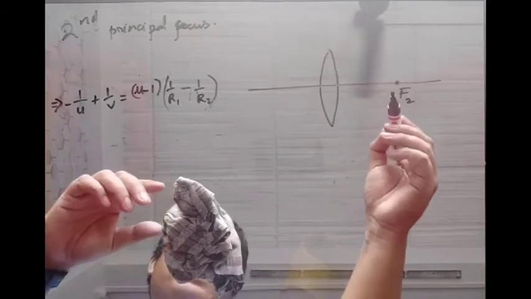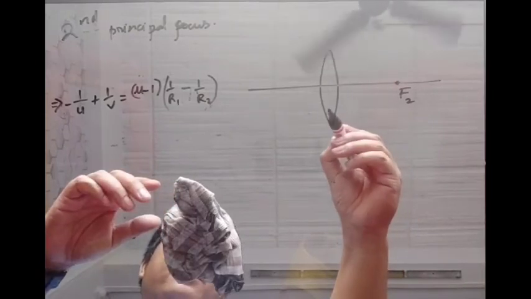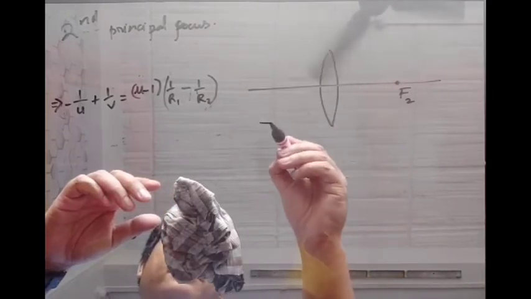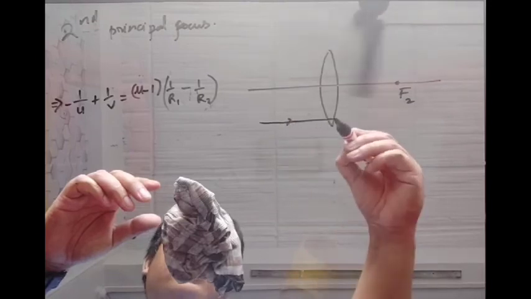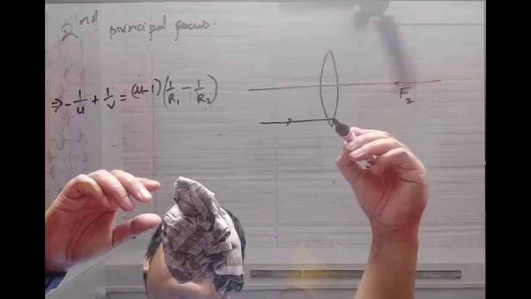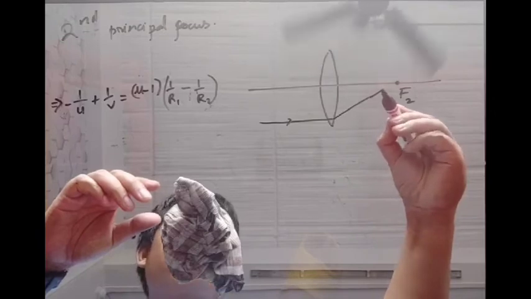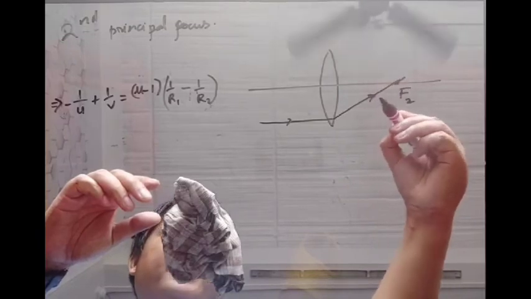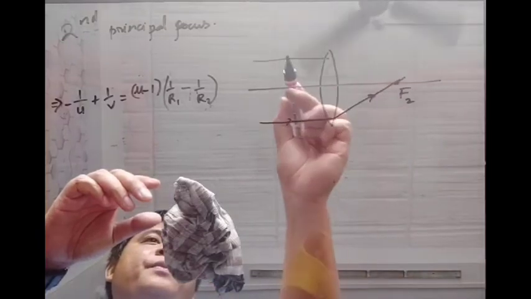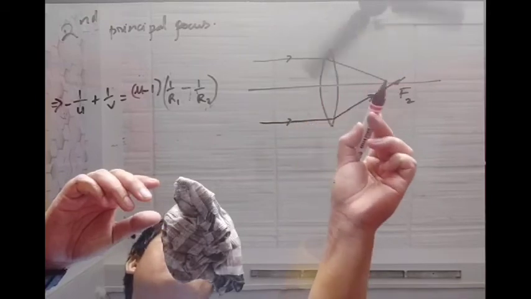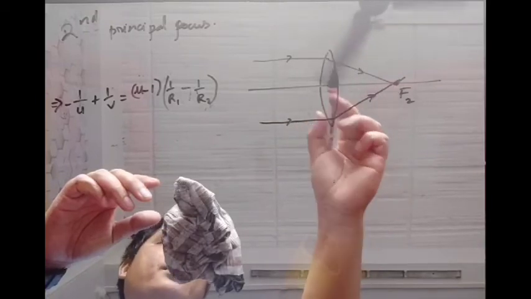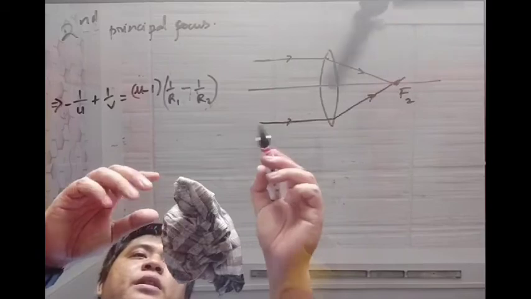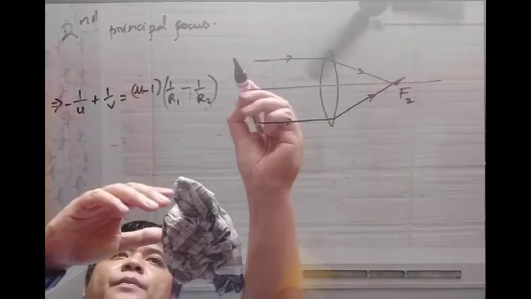It can be defined as the point at which all the refracted rays converge after refraction, when parallel rays come from infinity.